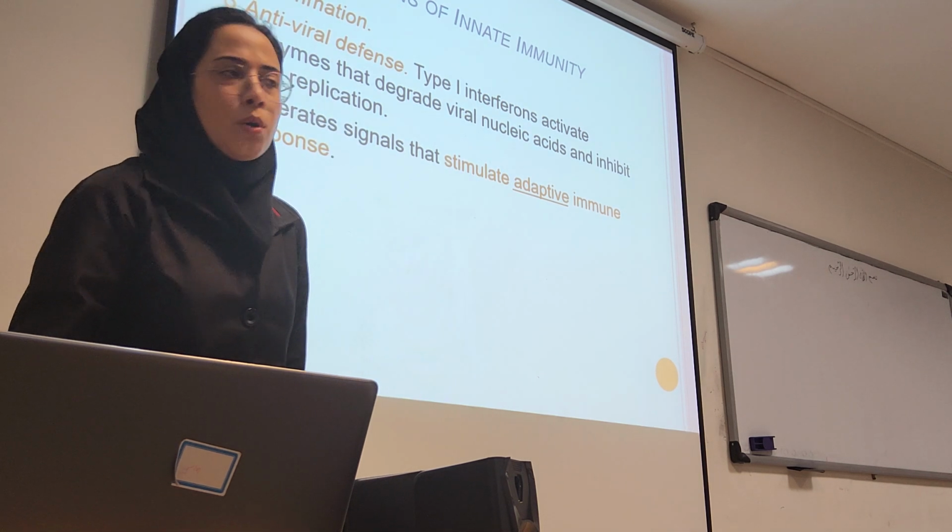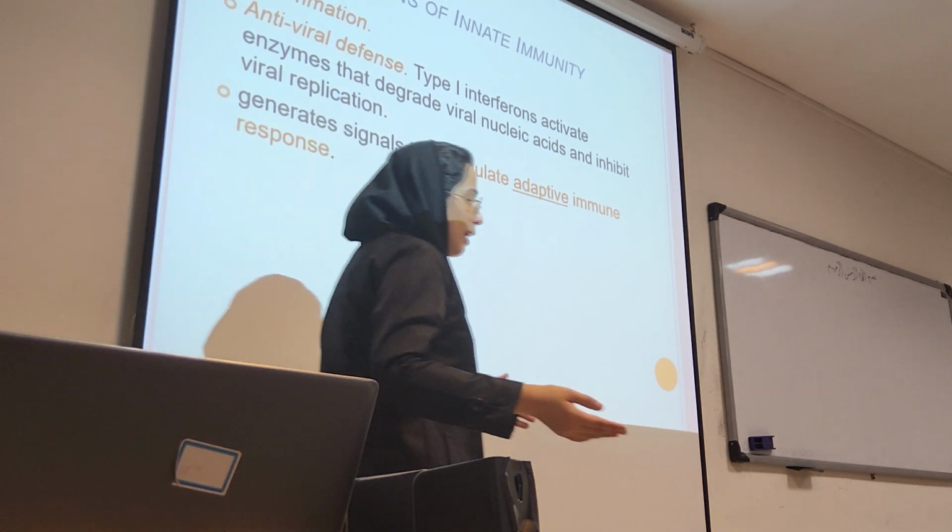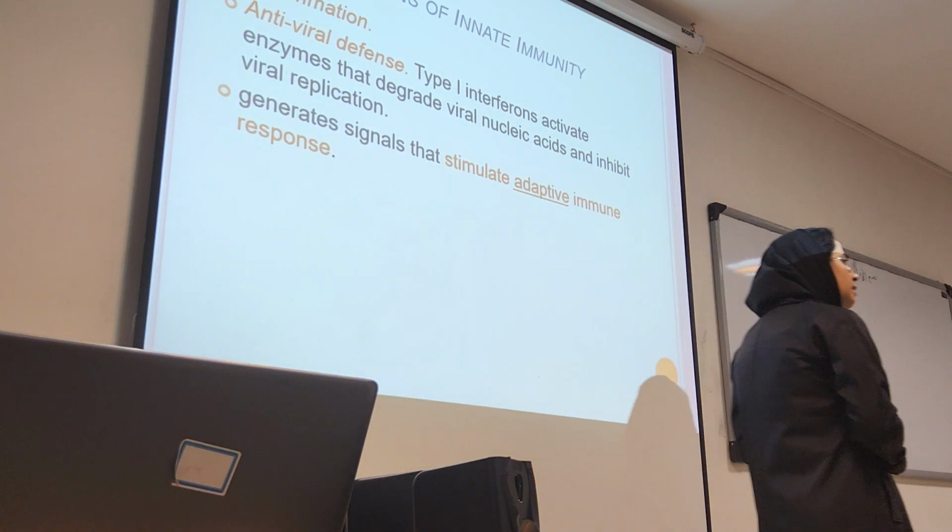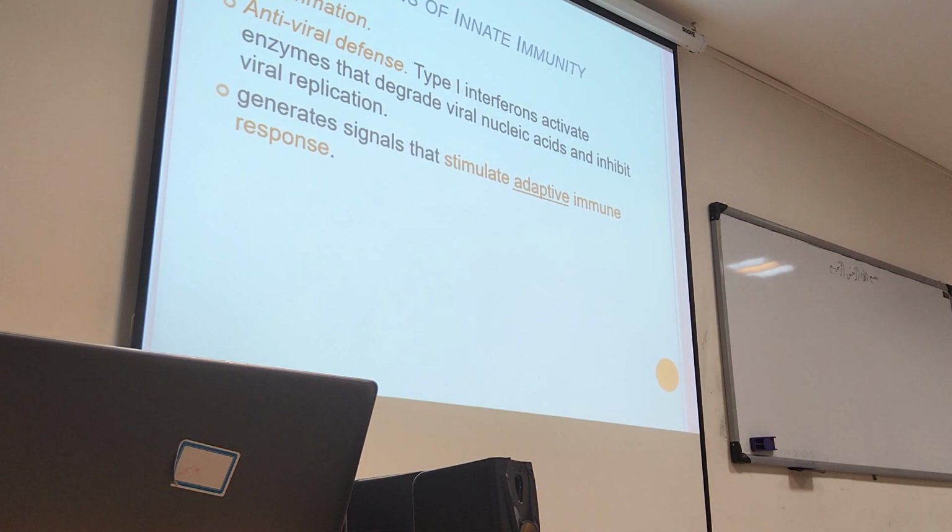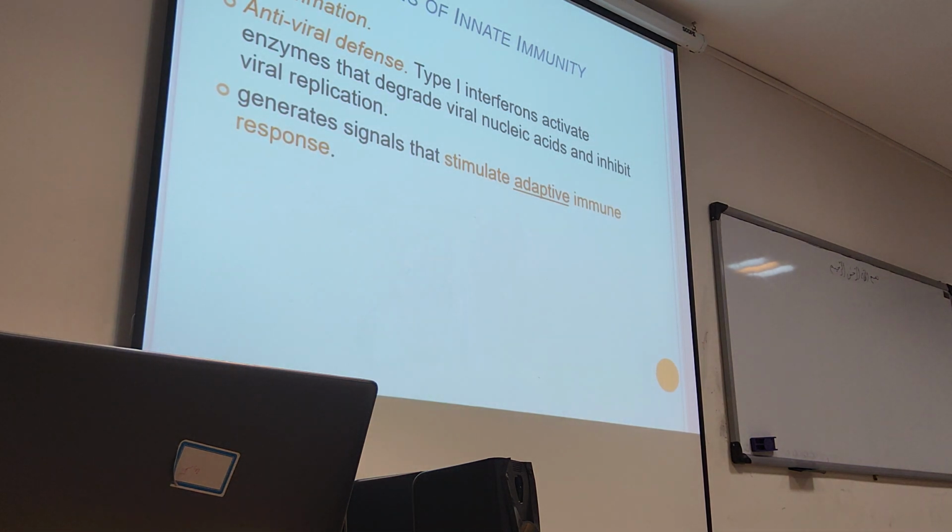Okay, so what happens after activation of innate immunity? We have cellular and humoral immunity, right? In innate immunity, we have antiviral defense. The most important one is inflammation. You remember that after a microorganism enters the body, we have inflammation.